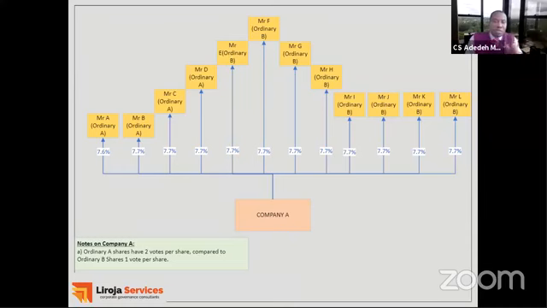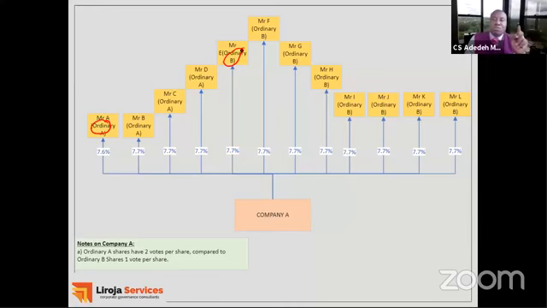And in this instalment, we are discussing the issue of voting rights. So in this example, this company has ordinary A shares and ordinary B shares. In assessing the articles or the shareholders agreement, you have established that for ordinary A shares, for every one share they hold, there are 2 voting rights.